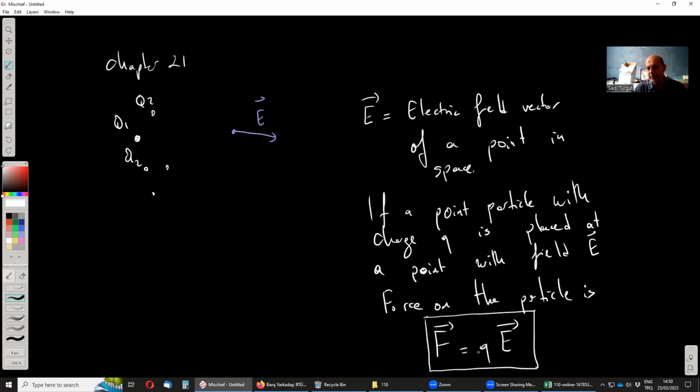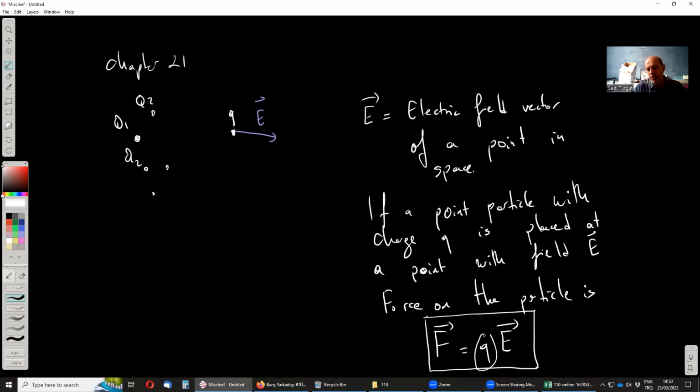How did we come to that point? We first noticed that the electric force acting on a particle is proportional to its charge, because Coulomb's law has a formula where the force is proportional to the product of the charges. So if I have a point charge at that location with charge Q, then the force applied on that particle is proportional to that quantity.